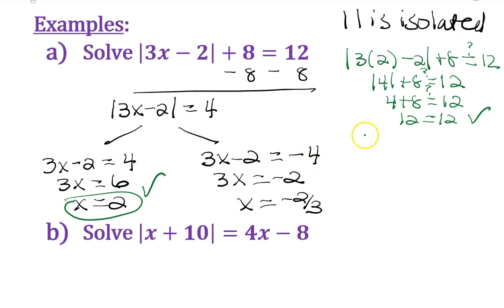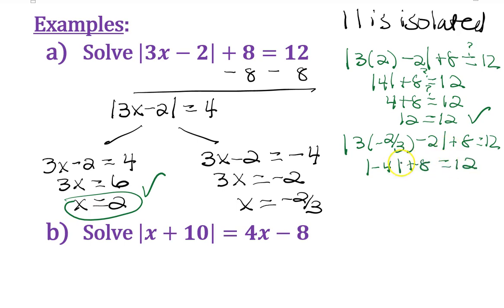The other check that we're going to do is the absolute value of 3 times negative 2/3 minus 2, plus 8, equals 12. As we go through and check this, we'll end up with the absolute value of, when we multiply 3 times negative 2/3, we get negative 2 minus 2. So this is the absolute value of negative 4, plus 8, equals 12.